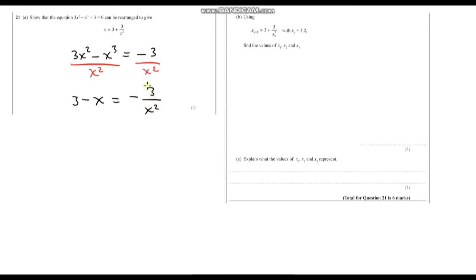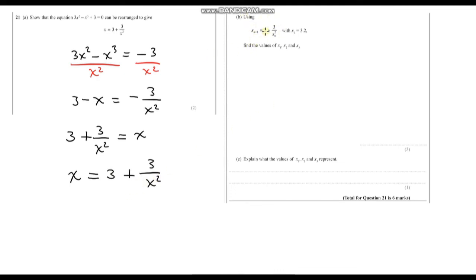So if I add this to both sides, then I'm going to be left with 3 plus 3 over x squared. And if I put this negative x on this side, that's going to become positive. So it's going to equal x. And that's exactly what we've got here. It's just round the other way. So that's exactly the same as x equals 3 plus 3 over x squared. And we're done.